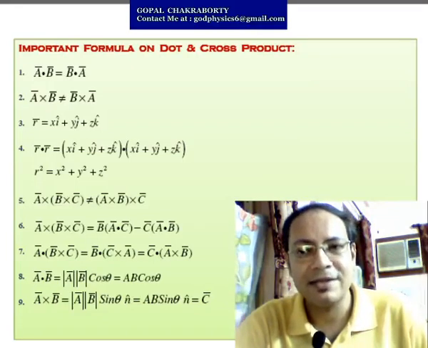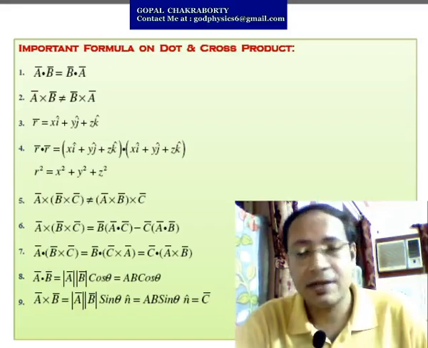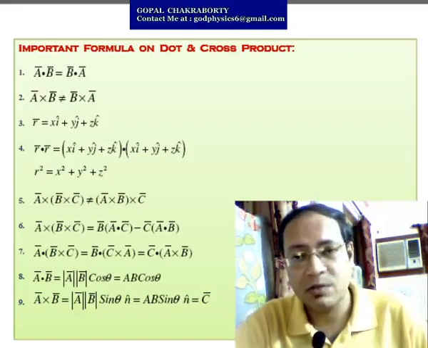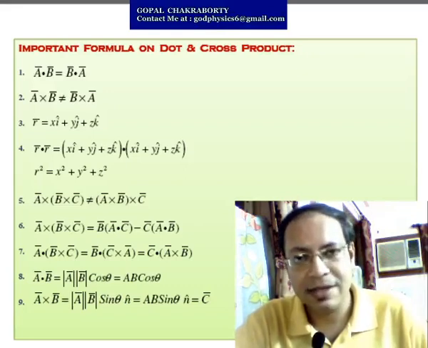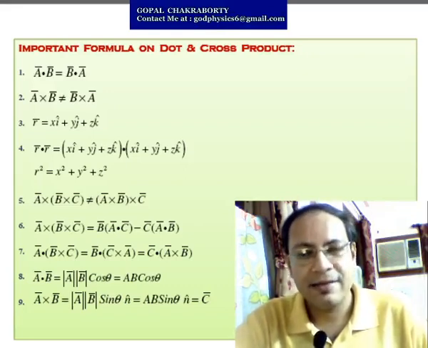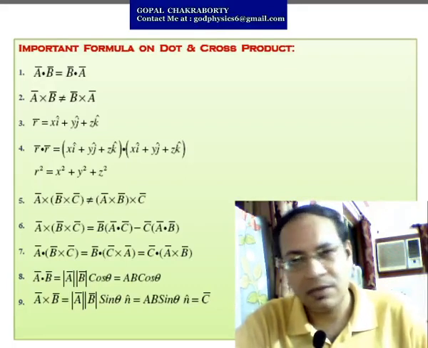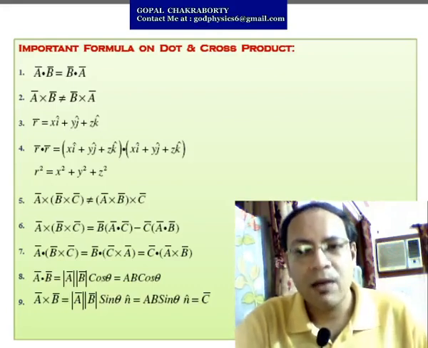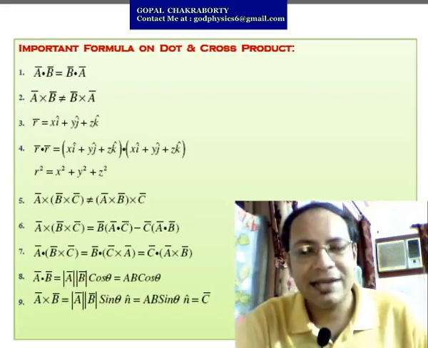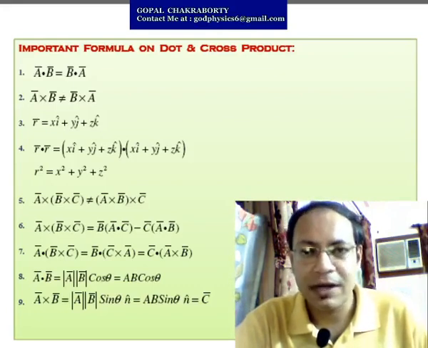Formula 5 is a vector triple product formula. Formula 6 is also a vector triple product formula, that A cross B cross C equals B times A dot C minus C times A dot B. Seventh, A dot B cross C equals B dot C cross A equals C dot A cross B. Now the last two, 8 and 9, are the dot product and cross product, which I have already discussed.